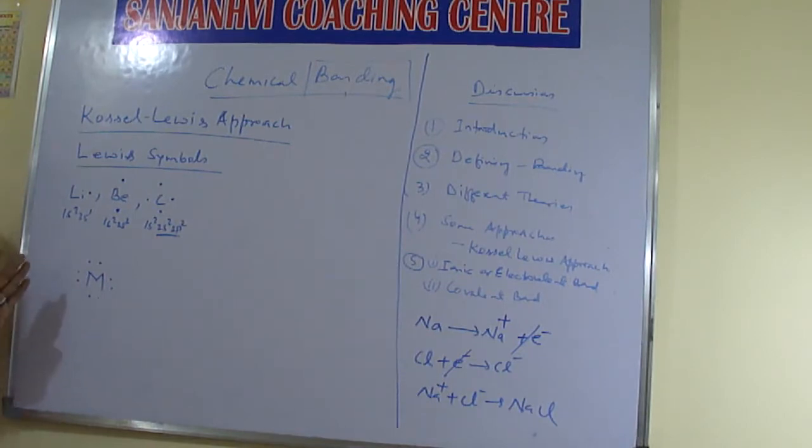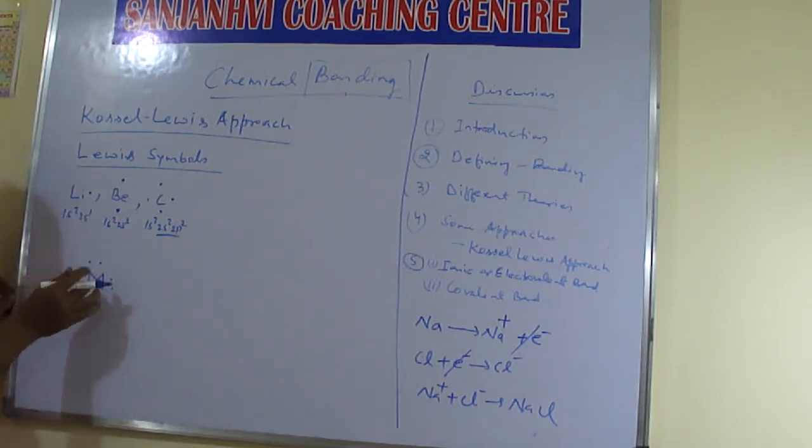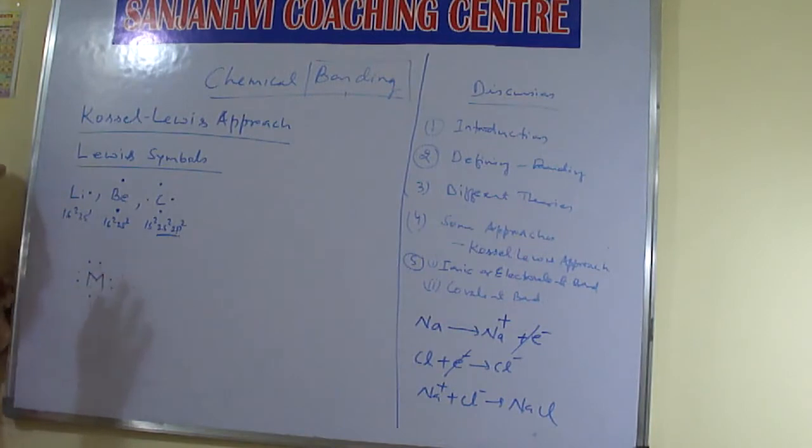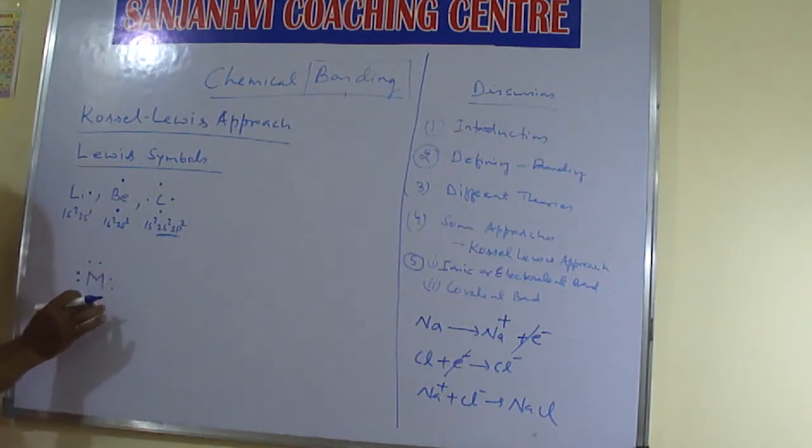If more electrons are there, then 8 only. So the maximum number of electrons in the outermost shell is 8, which can be represented as 2 on this side, 2 on this side, 2, 2, that is 2, 4, 6, 8. It can be represented in this way.